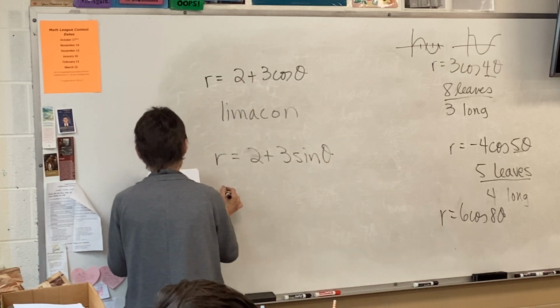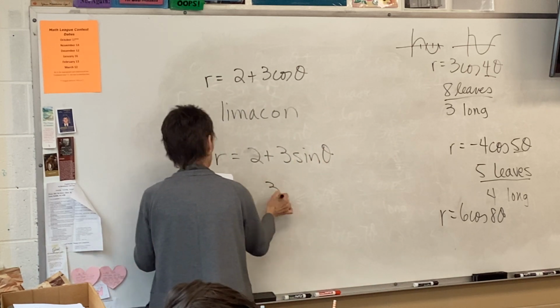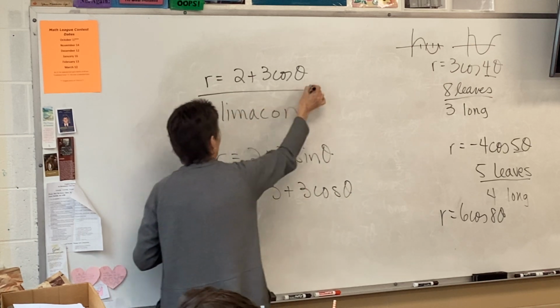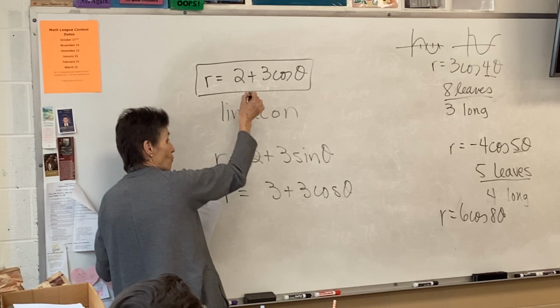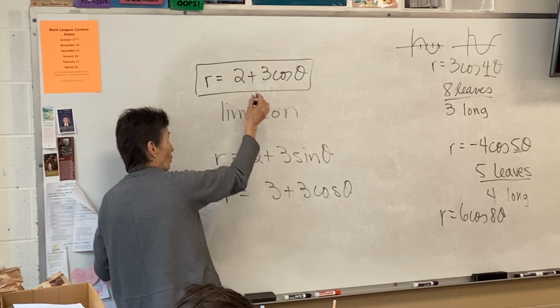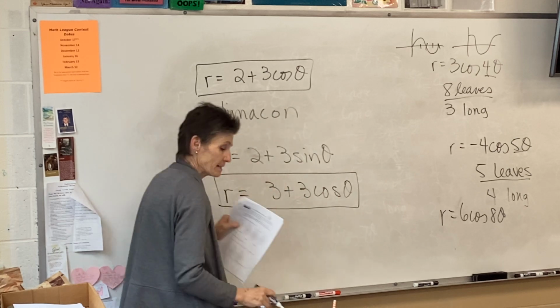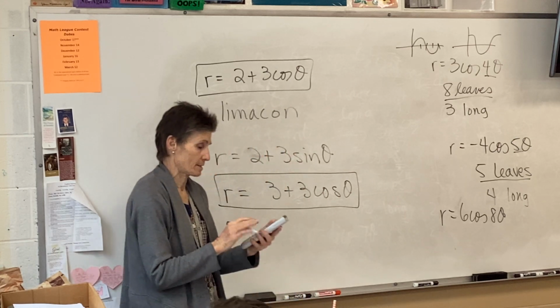Let's go back to number 2 on the paper here. 3 + 3 cosine. Now you have drawn this one. Guys, please draw that picture before you erase it. And then do this one. And tell me what you notice.